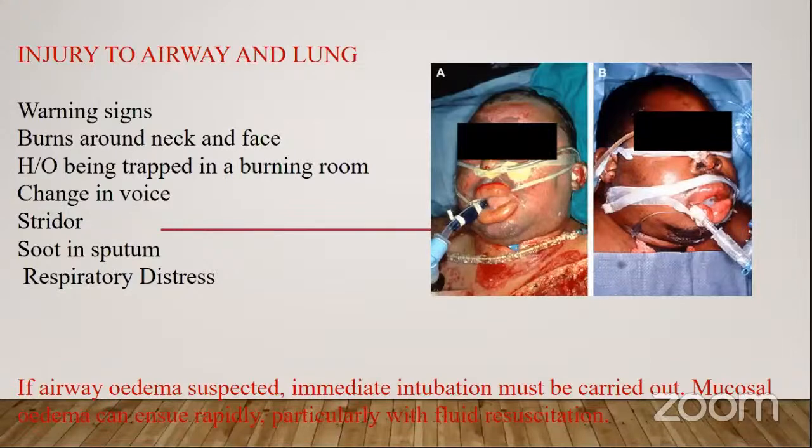Then if there is frank respiratory distress, these are pointers that there may be airway involvement. And if airway involvement or inhalational injury is suspected, immediate intubation must be carried out because further delay will lead to difficult airway because of the mucosal edema and also the edema that will follow the fluid resuscitation.